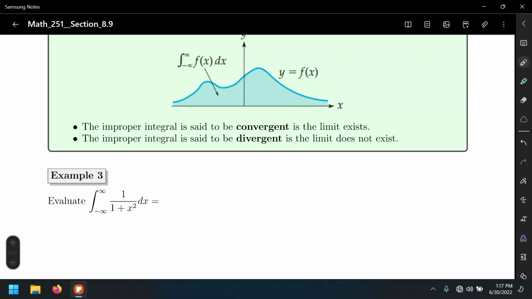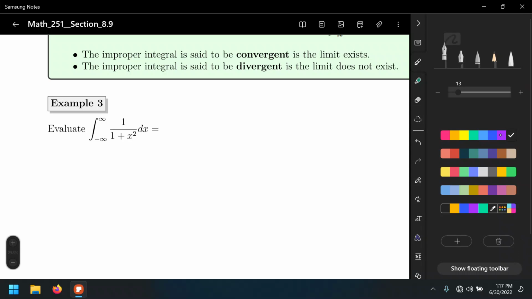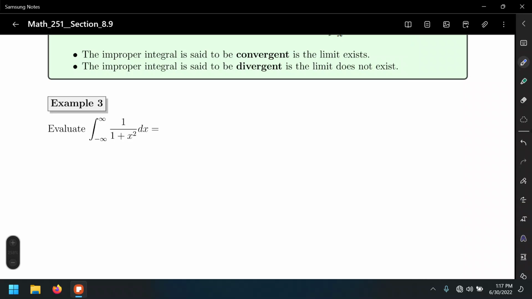All right? So let's look at one example. Number one, we have the integral from negative infinity to positive infinity of 1 over 1 plus x squared. And we have looked at this integral a few times before. So any ideas on which rule it fits? The arctangent rule. First of all, let's write it as a limit problem. So I'm going to split it into two limit problems.